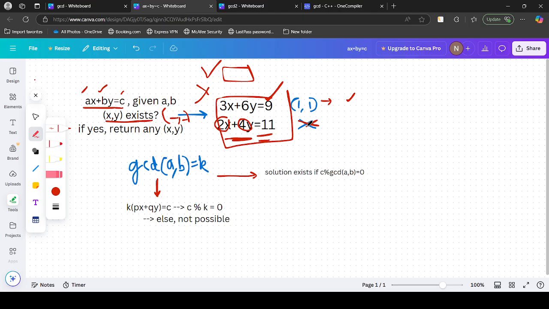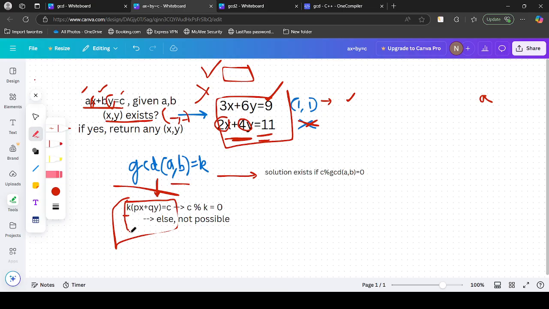So how can we use GCD? Let's assume that GCD of a comma b is k. As GCD of a and b is k, we can write a as k into x and b as k into y. As we have x and y variables already, we assume that a is equal to k into p and b is equal to k into q. So we can write the given equation as k into px plus qy is equal to c.